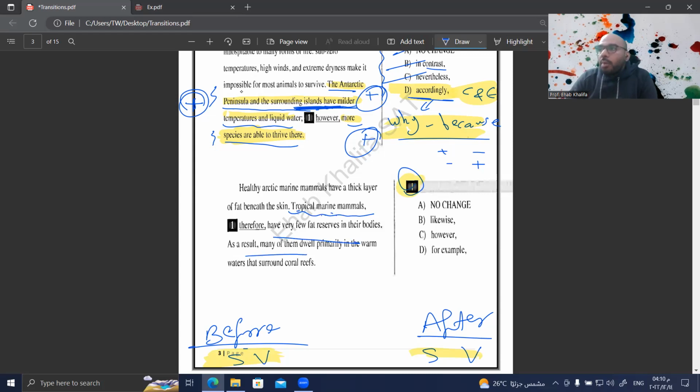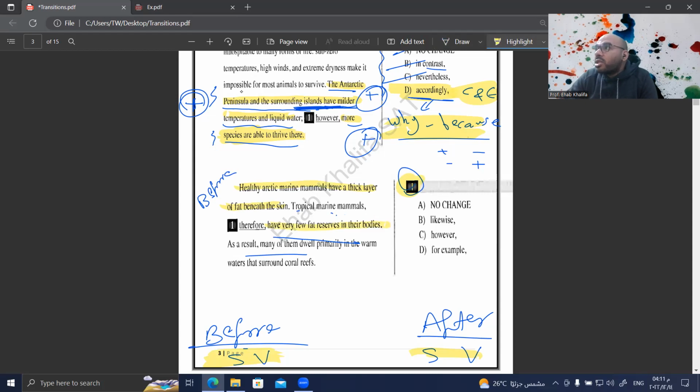Because what comes before here, according to that understanding, is a fragment. So that does not make any sense at all. What comes before must be subject, verb, complete thought. So this is what comes before. And what comes after is this.